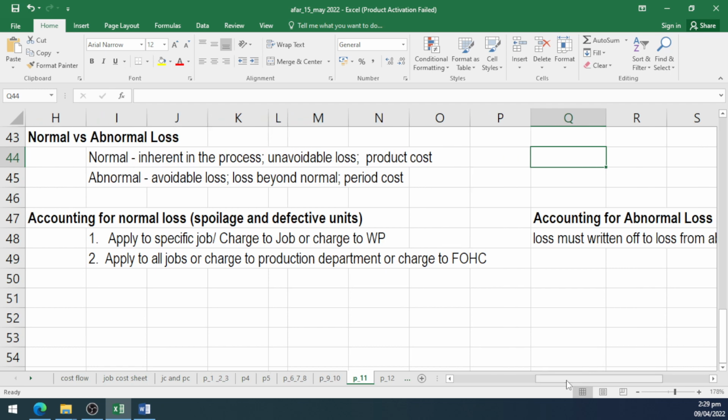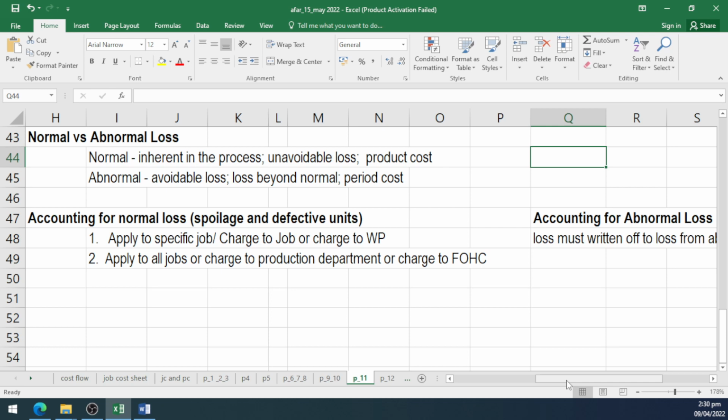If the loss is normal, we can apply either this method, apply to specific job or charge to job or charge to work in process or sometimes charge to customer. The other one is apply to all jobs or charge to production department or charge to factory overhead control. Ayan. Sa normal yan. Paano yan? Kailan gagamitin niyang apply to specific job at apply to all jobs?